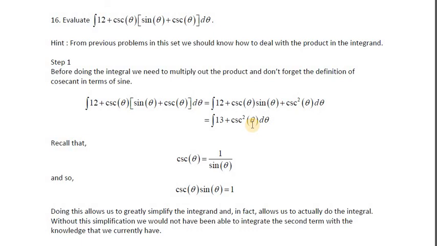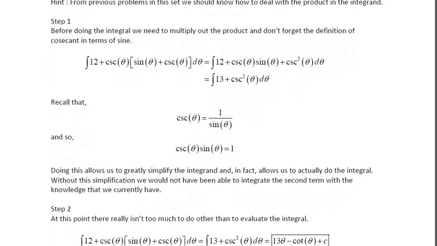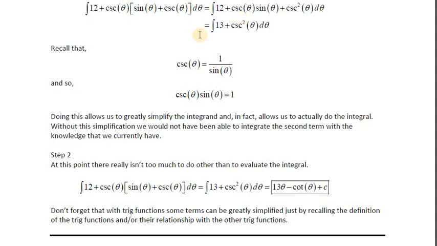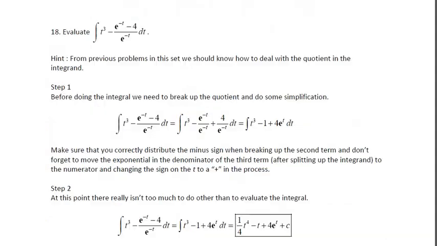So you know, integration of cosec square x is the formula. So integration of cosec square formula is minus cot. So ultimately the result of this integration will be 13 theta, and integration of cosec square is minus cot theta, plus integration constant c. So this is the result of the integration of this example.